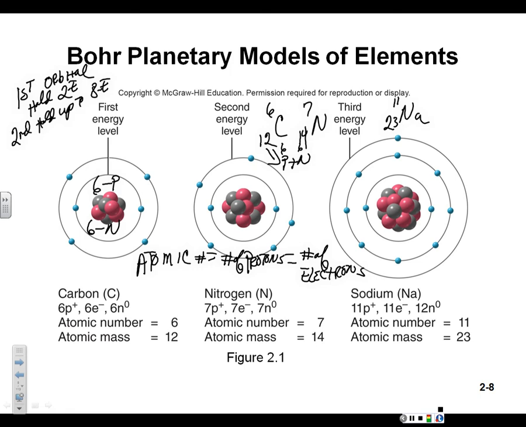It goes in what orbital? The third orbital. What's the valence for sodium? How many does it need to be stable? 7. Or it needs to do what? It needs to gain 7 or lose what? 1. If it loses 1, what type of bond will it form?